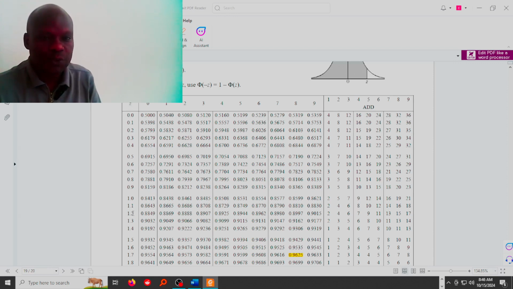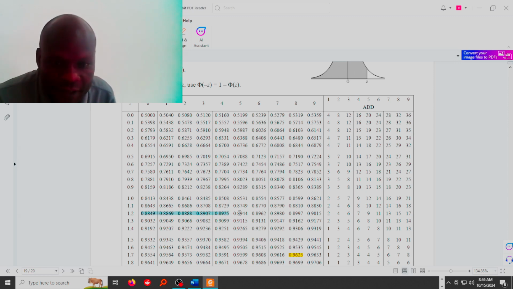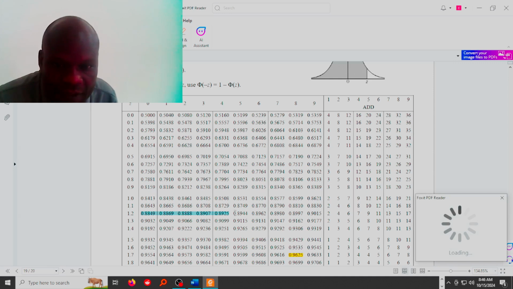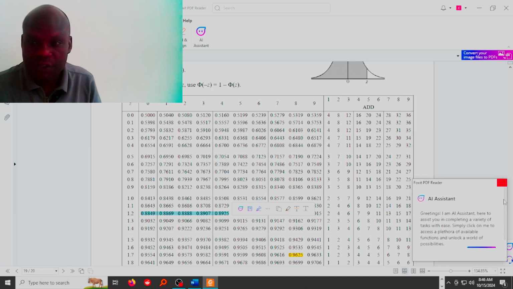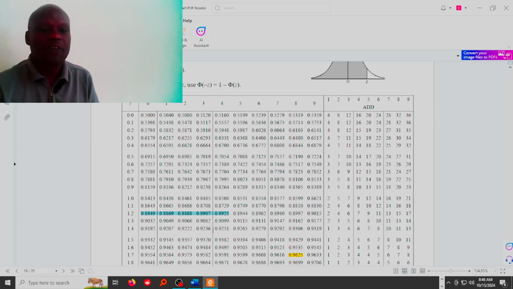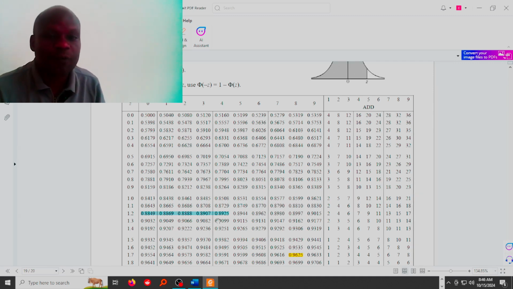Then we move this way up to the point where I find 5. 5 is here. So at that point, I see that I have 0.8944, that's the probability value that corresponds to a Z value of 1.25.